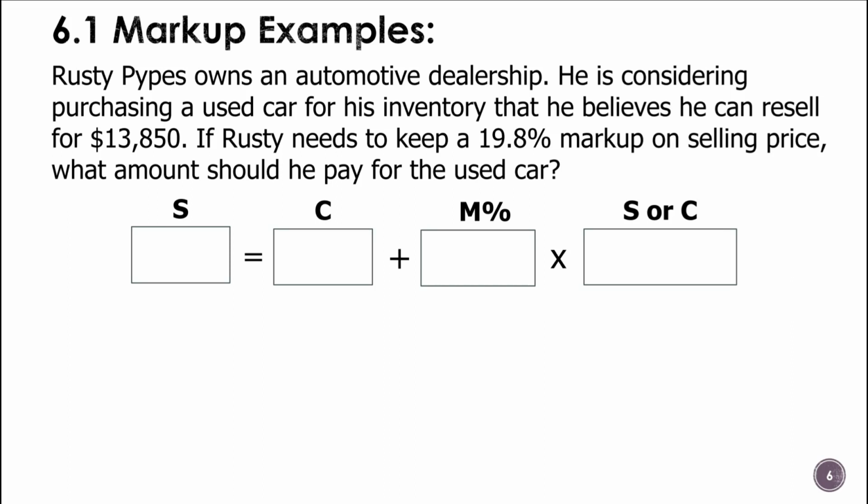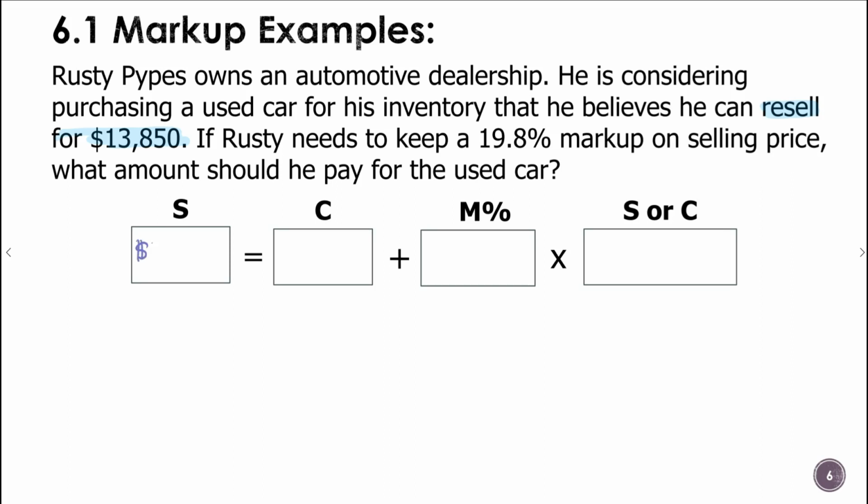Okay, Rusty Pipes owns an automotive dealership. He is considering purchasing a used car for his inventory that he believes he can resell for $13,850. So we know that $13,850 is the selling price. He can resell for $13,850. So that, of course, is the selling price.